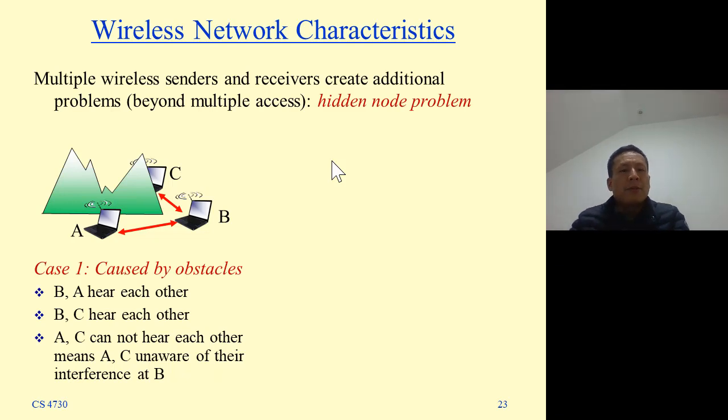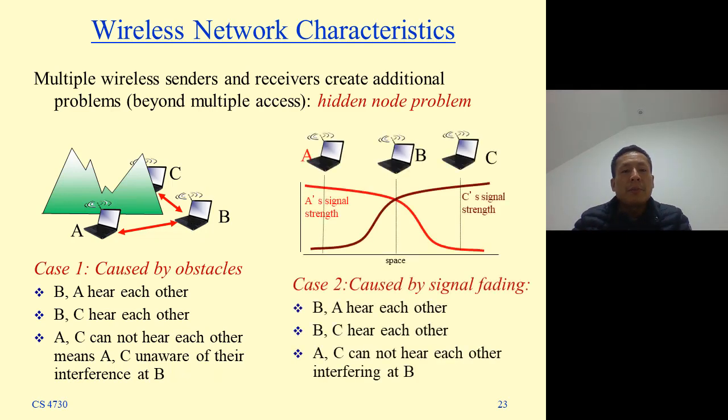The hidden node problem arises because when A and C want to send something to B, they do not know each other's existence, right? So they just make their decision based on their own belief and send to B directly. Simultaneously, then B cannot accept because two nodes are sending to it at the same time, right? Collision.